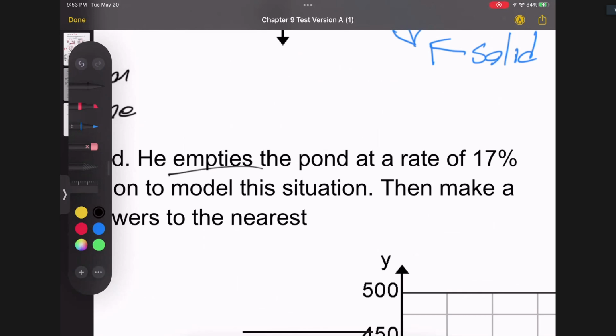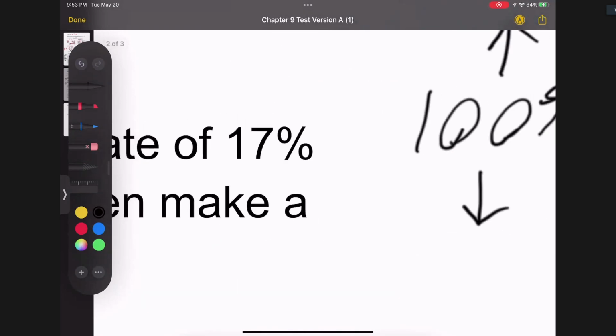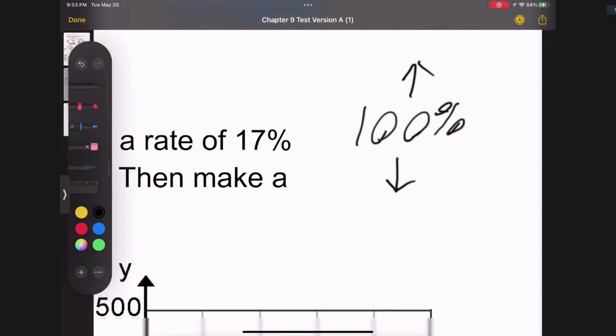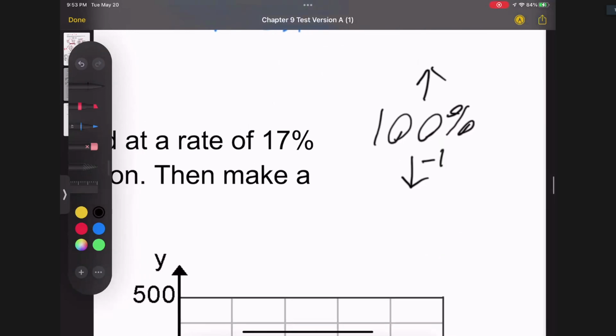Hopefully you understand that it is going to be decreasing. So you're losing 17%, which means you subtract 17% out of 100%. 100% minus 17% is going to be what? Hopefully you answered this correctly. This is going to be 83%.